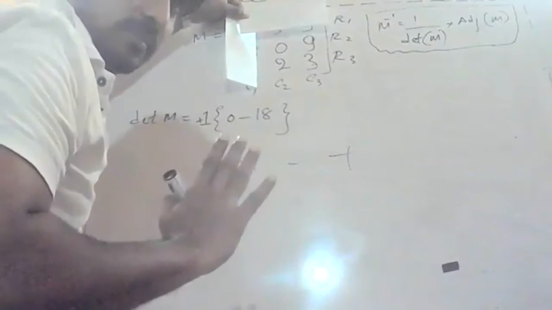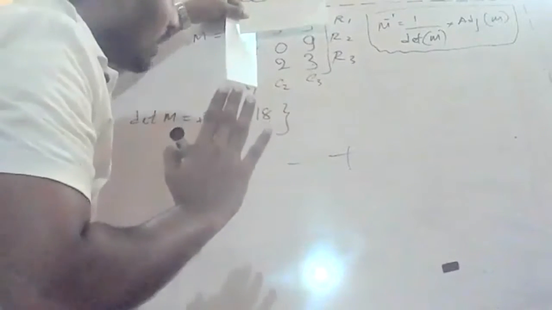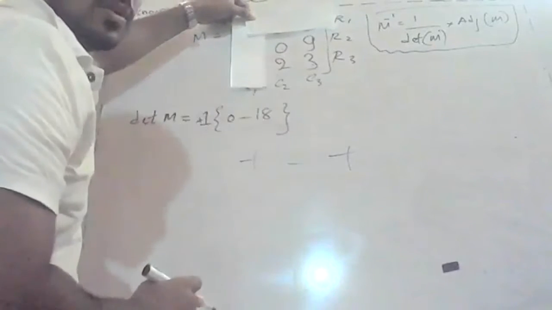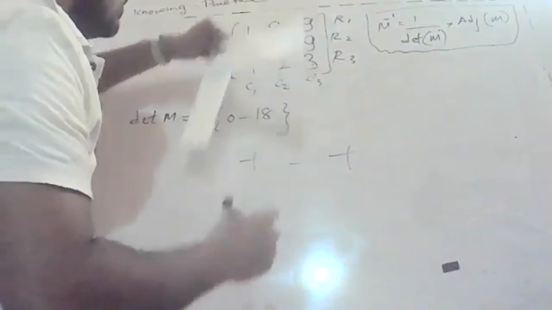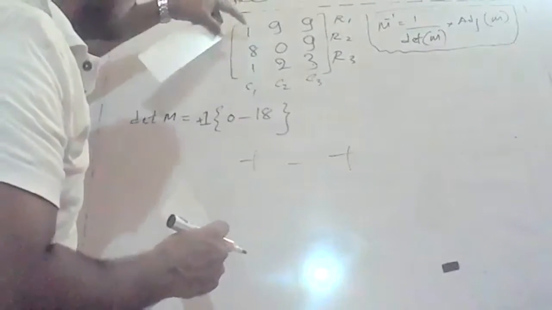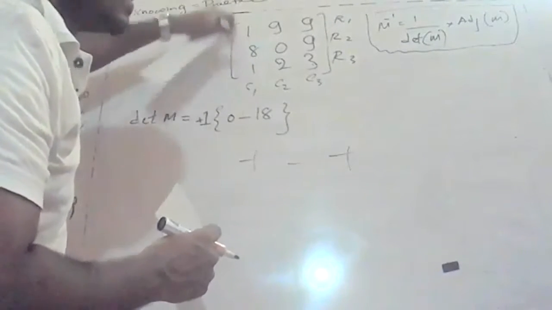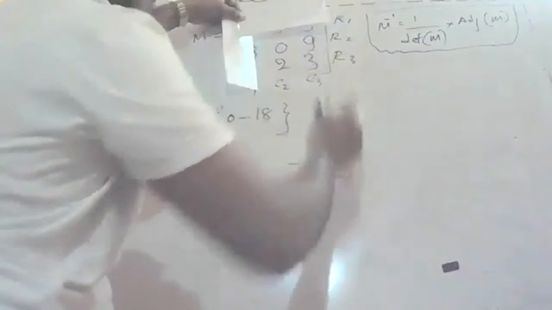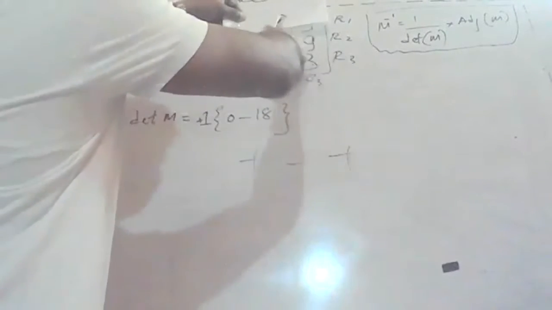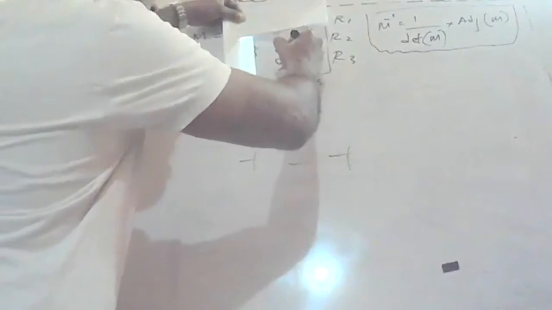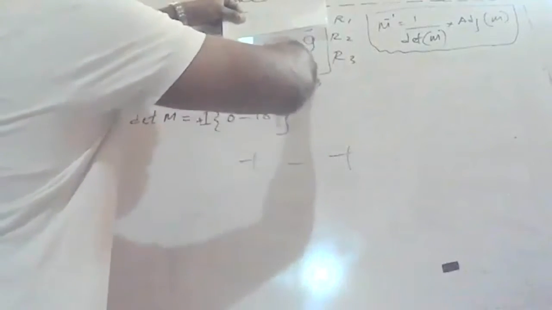Don't worry too much. Just focus on the procedure. Cover this column, cover this row. Why? Because you have to cover the column that belongs to 1, because 1 is in this column, and cover the row that belongs to 1. Always remember the pattern: this into this minus this into this. 0 minus 2 into 9, 18.